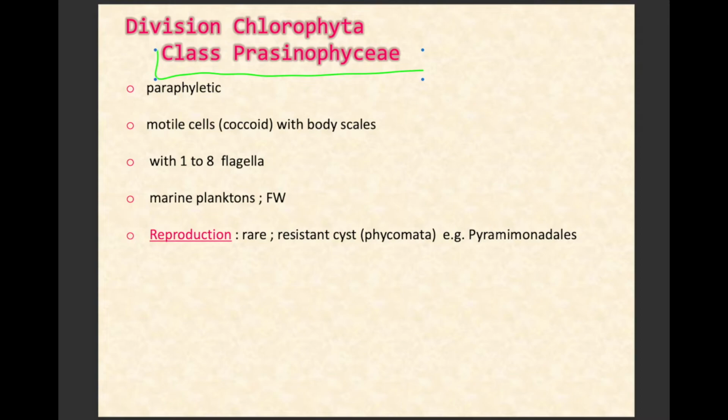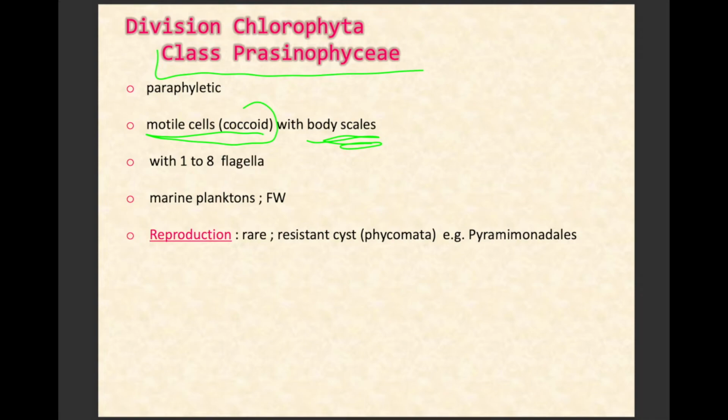This is a very paraphyletic group of organisms including motile coccoid cells that is covered, nabanggit na natin kanina, yung cell wall nila ay may scale, overlapping scales. Okay, they usually have 1 to 8 flagella.